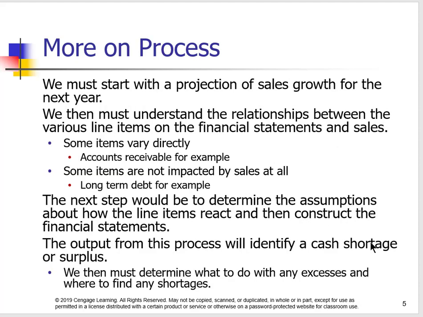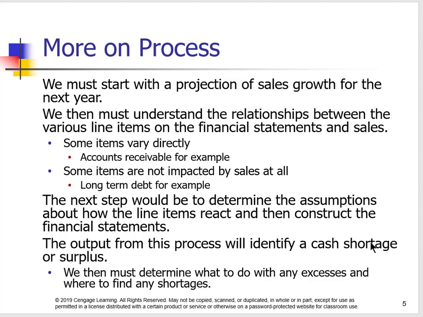So again, we need to start with a projection of sales growth. As I said, we need to understand the relationship between line items on the income statement and sales. The next thing we'll need to do is see how these line items interact when we put them in a financial statement.